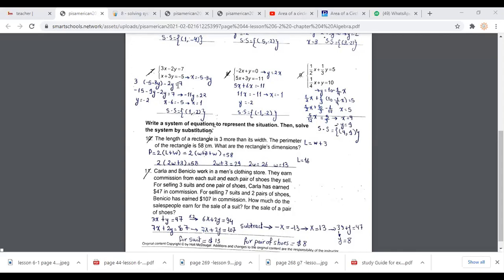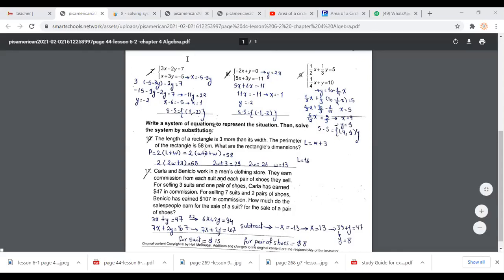W. Yes, the width by the letter W. So the first part, he said, the length of a rectangle is 3 more than its width. Then we are going to write the first equation, which will be L equals W plus 3.